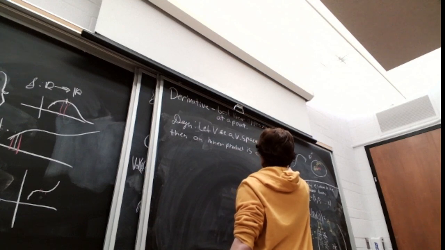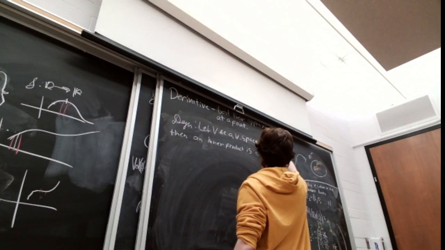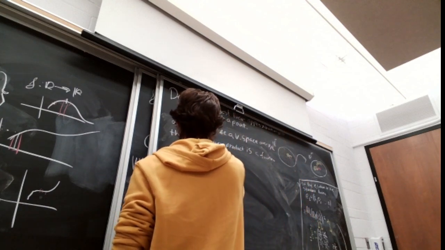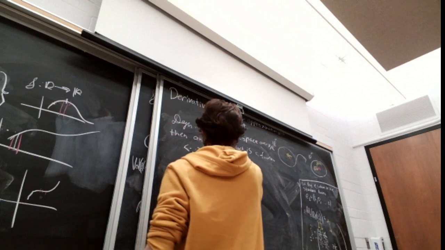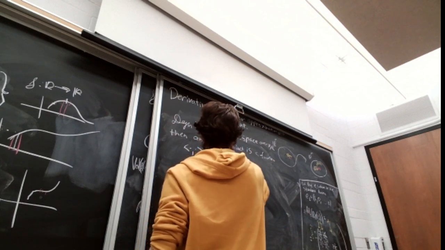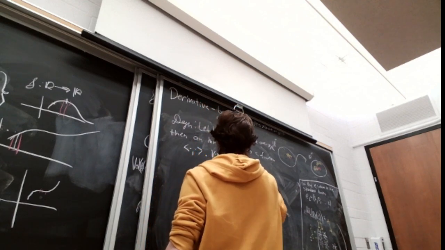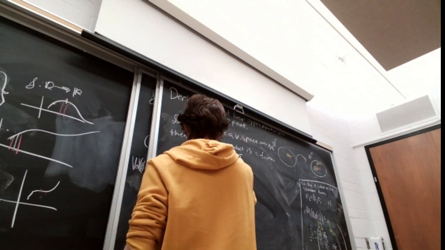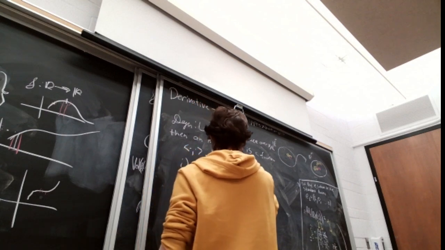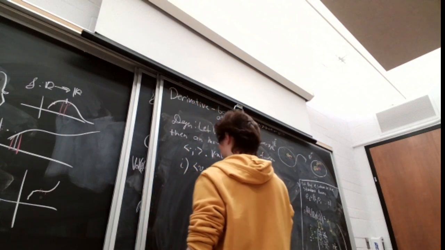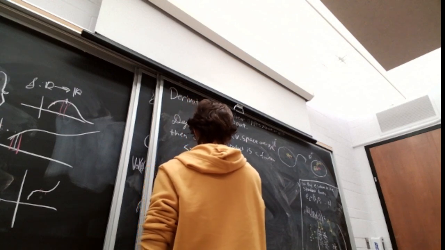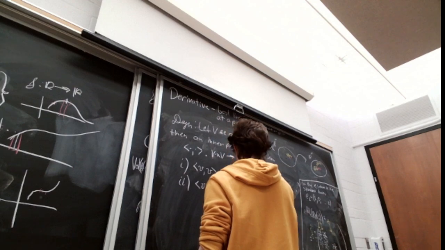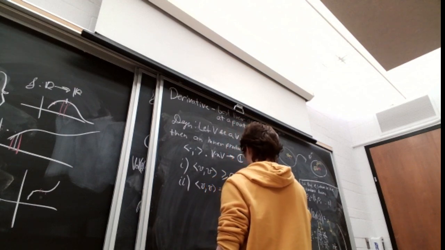This is a vector space over R or C. It's a function from V cross V into C with the following conditions. 1. The inner product of V with V is greater than or equal to 0 for all V. 2. The inner product of V with V is equal to 0 if and only if V is 0.